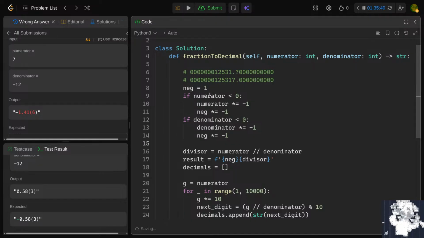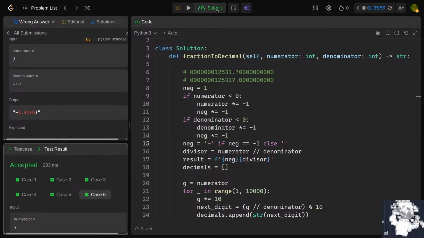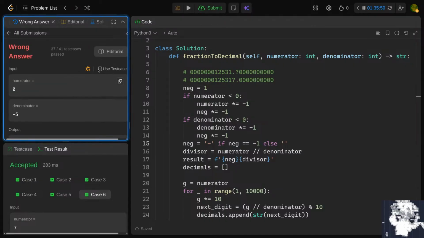We'll just change it here. Equals the symbol minus if it's -1, else it's the symbol nothing. Submit. Give me the edge case I'm expecting.